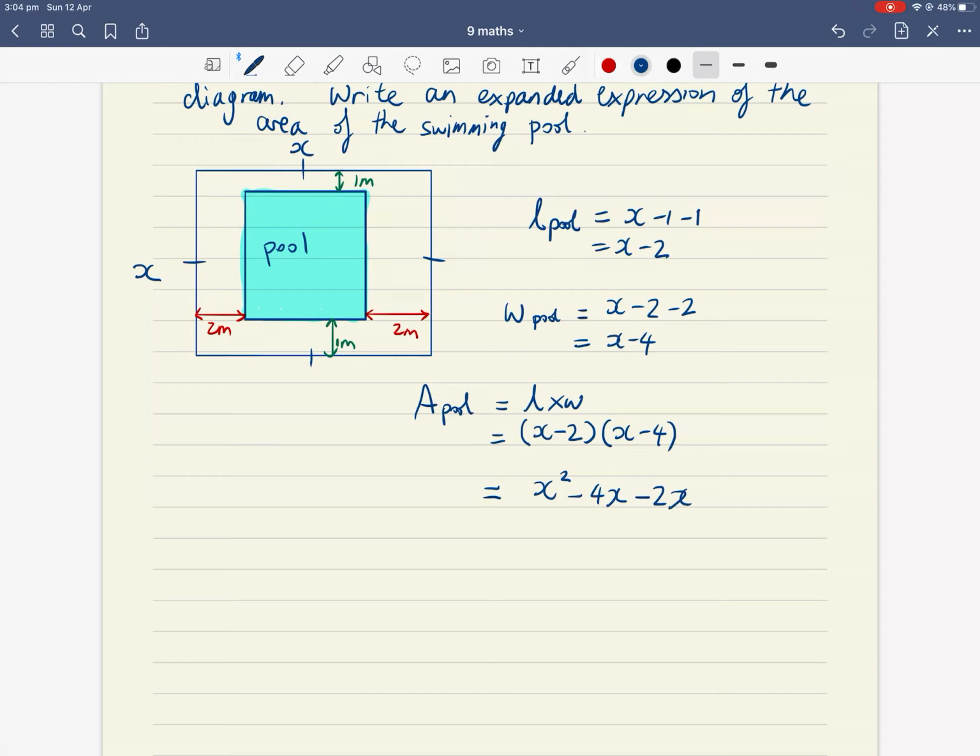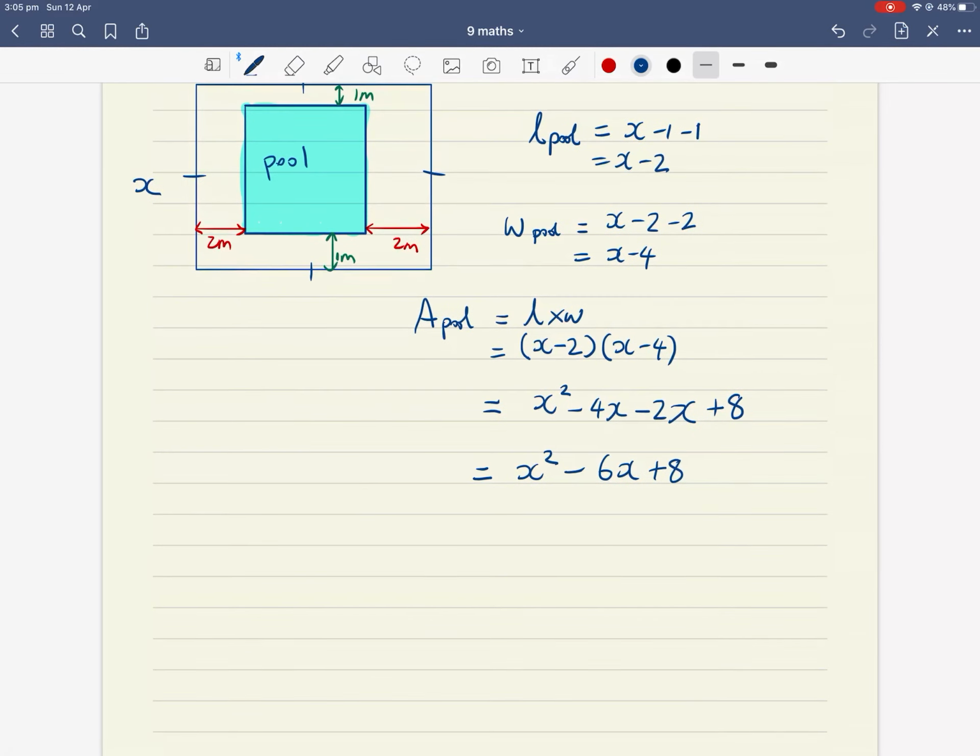So we have -2x. And finally, we have the last terms, which is -2 times -4. So that gives you +8. Now let's simplify our expression. So it's x squared minus 4x minus 2x gives you -6x plus 8.